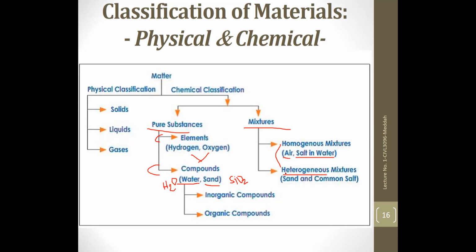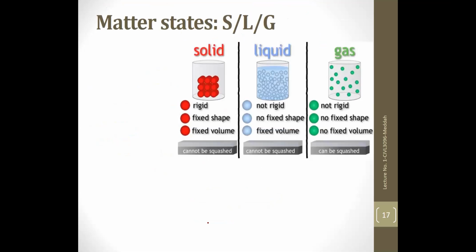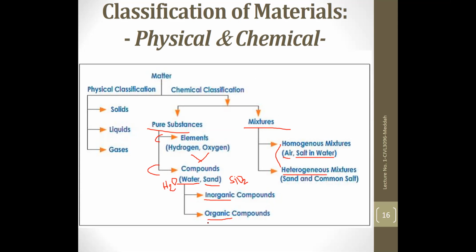So in that case, it is classified as heterogeneous mixture. Also the pure substance in a form of compound could be organic or it could be inorganic. So also two different classifications for the same compound.